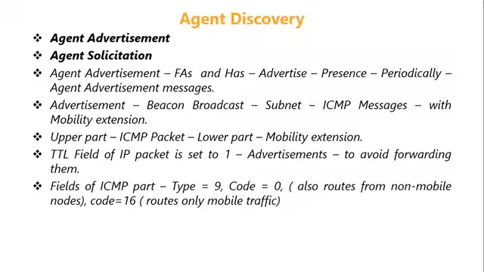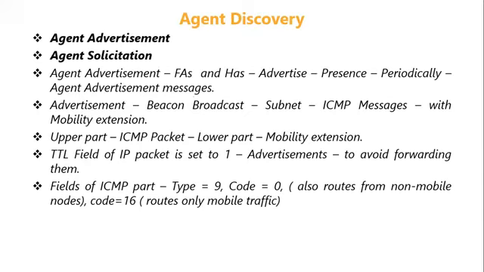The code field is set to 0 if the agent also routes packets from non-mobile nodes. Otherwise, it will be set to 16, which means it routes packets only from mobile nodes.